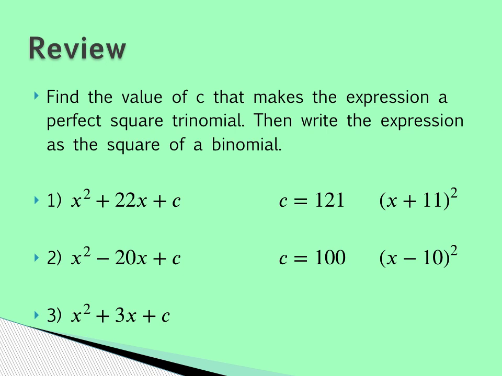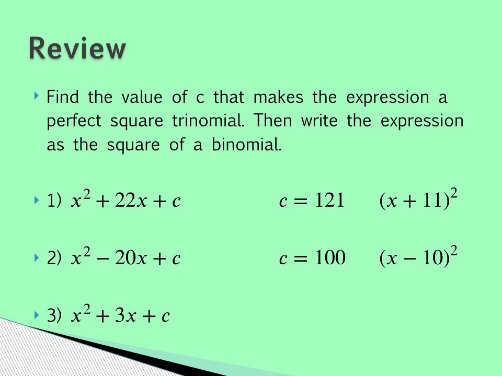Now the third one doesn't work out to a nice integer when we do that dividing. But this process still follows the same rules and still holds true. So I'm going to take that 3 and divide it by 2. I'm going to leave it as an improper fraction. I always want to work with that. I don't want to work with decimals or mixed fractions.